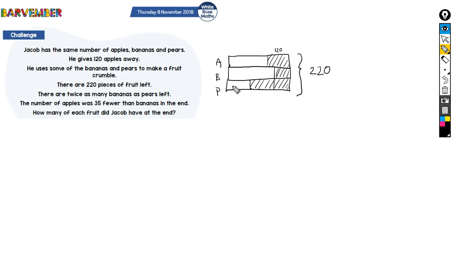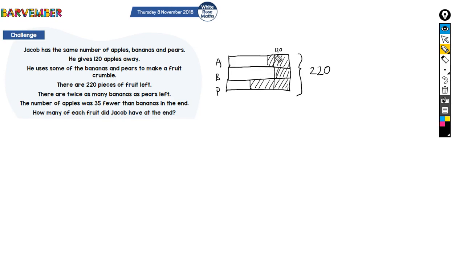Okay, I'm happy with that now. And then we have this bit. The number of apples was 35 fewer than bananas in the end. And, well, that's lucky I've drawn it. I could have adjusted it if not. But yes, I have fewer apples than bananas in the end.